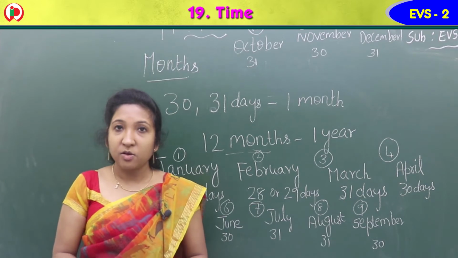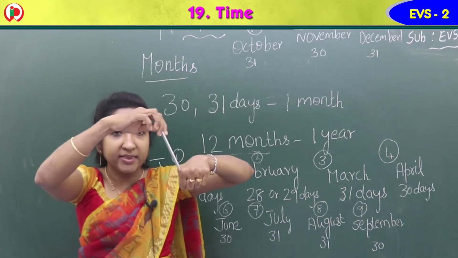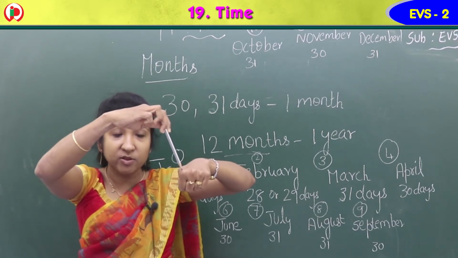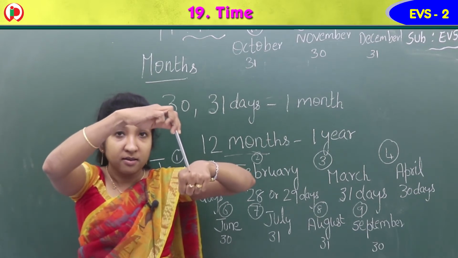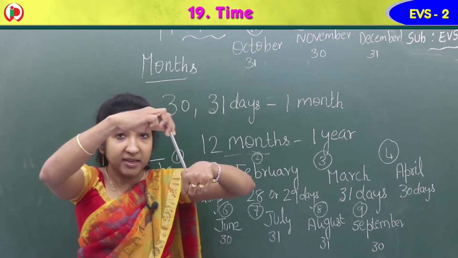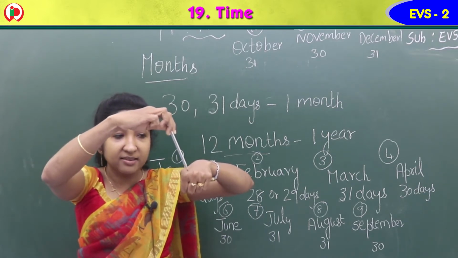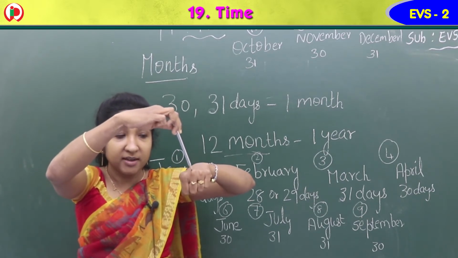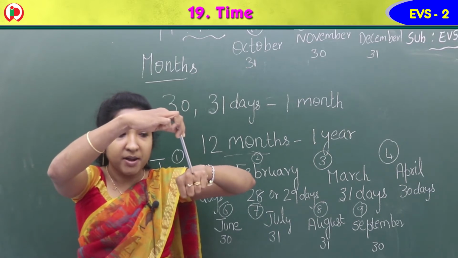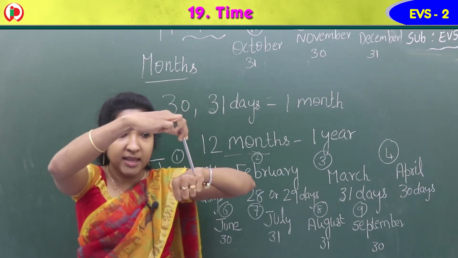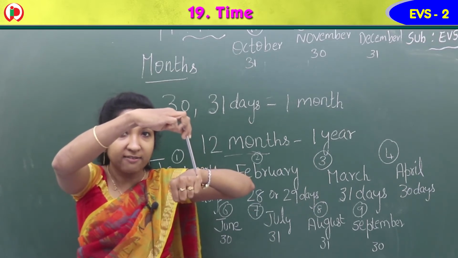Understood? So children, this bond part, the tip, the upper part, that month always contains 31 days. The down part is less than 31. The upper part, the tip part, is 31. So January 31 days, then February, then March 31, April 30, May 31, June 30, July 31.